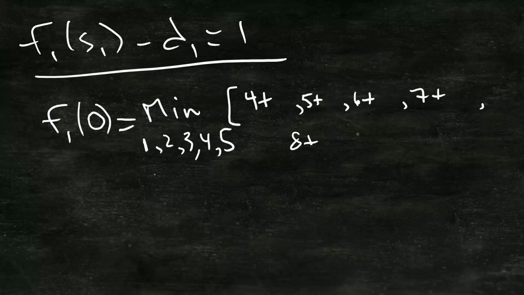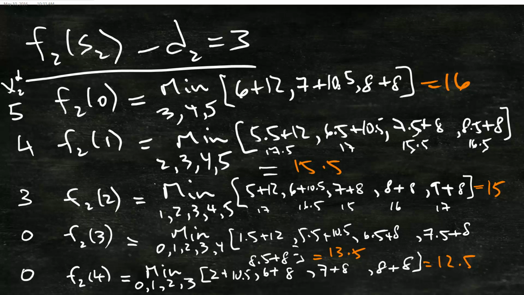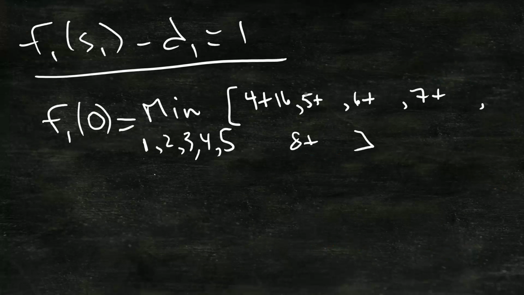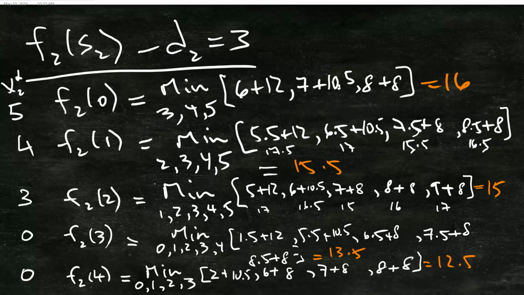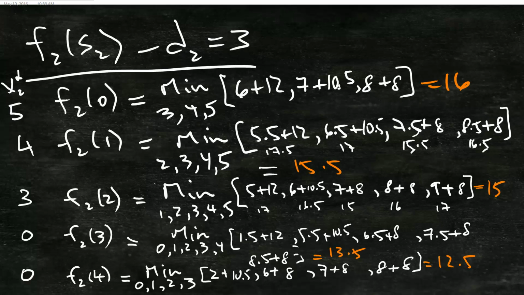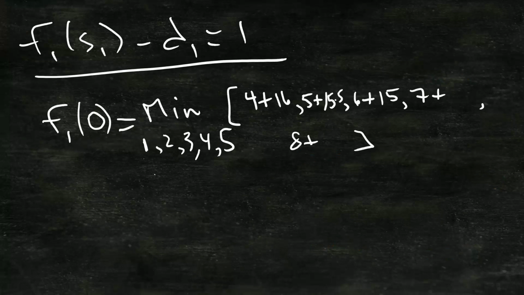8 plus. And now we look at the previous values, which are 16, 15.5, 15, as much as I can remember. 16, let's look again, 15.5 and 15. And then they come down to 13.5 and 12.5.